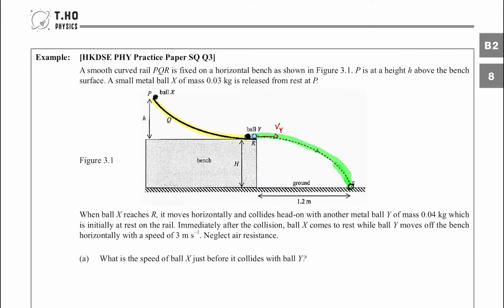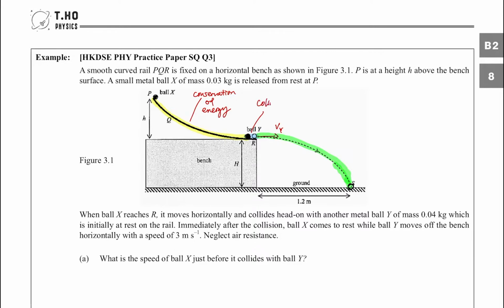Okay, so here the question gives us some information, but basically we need to know how we are going to solve each section of the motion first. At the first section, because this is a smooth track, there is no loss in mechanical energy. So we would use the principle of conservation of energy to consider this motion.